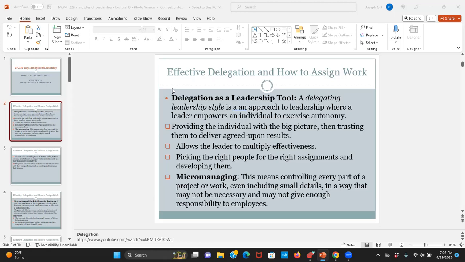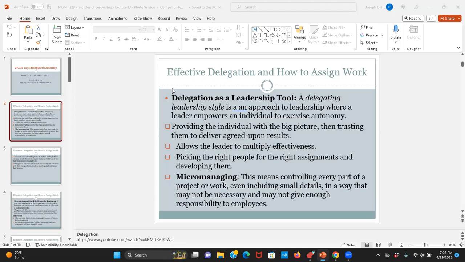It is important to give enough responsibility to employees so that they can acquire skill, grow, and feel that they are accepted. Micromanaging is a style that may not give enough responsibility to the subordinates or the employees.